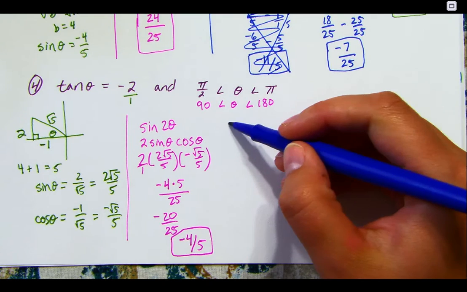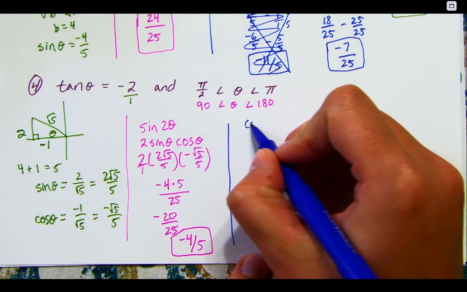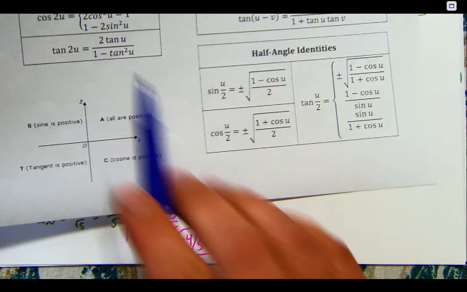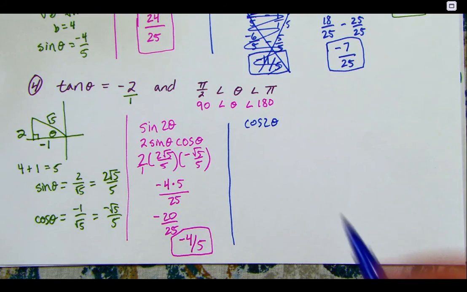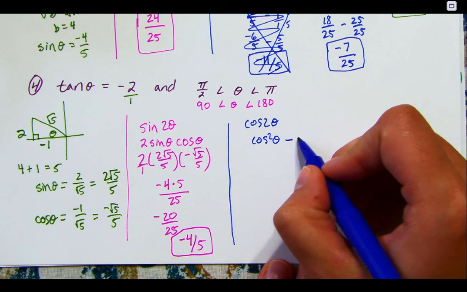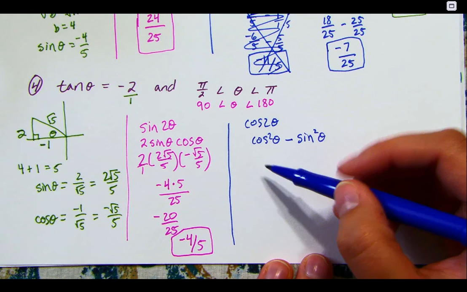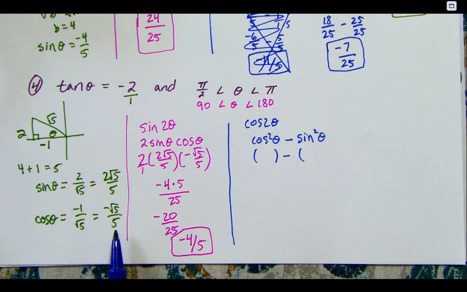All right, and then cosine of 2 theta. So again, we get to pick which formula we want to use. I am going to use the top one, where we have the 2 squares: cosine squared theta minus sine squared theta. And to make it a little bit easier to work through, I'm going to go back here and use this.